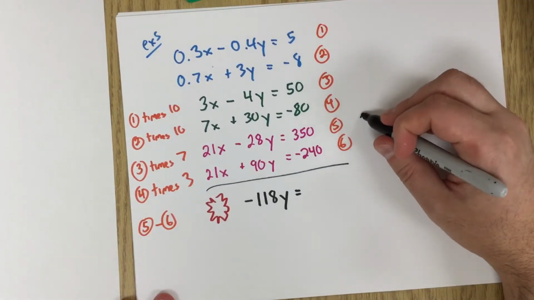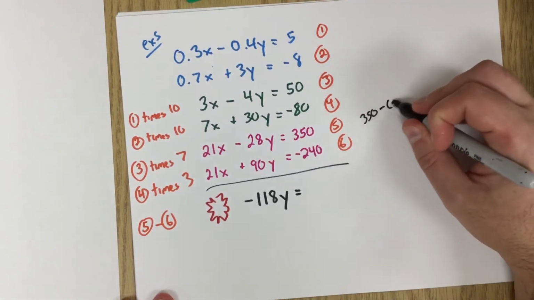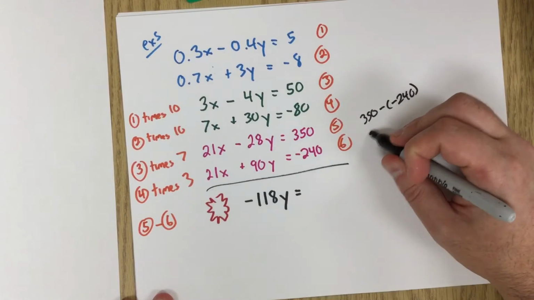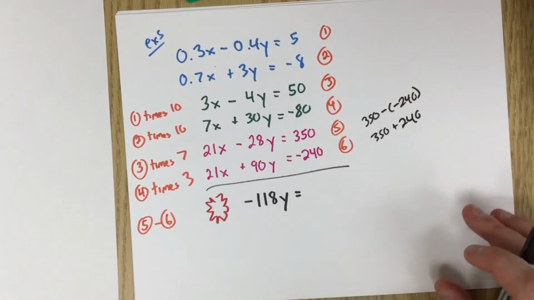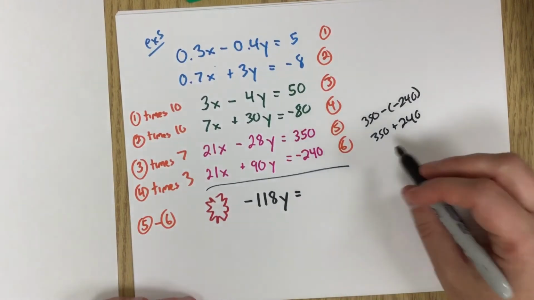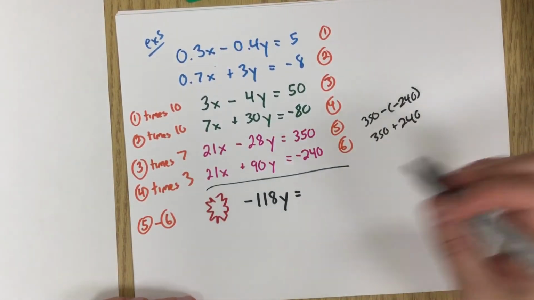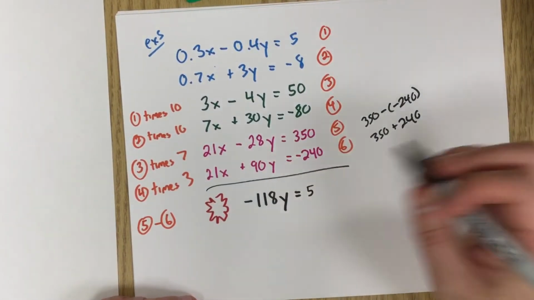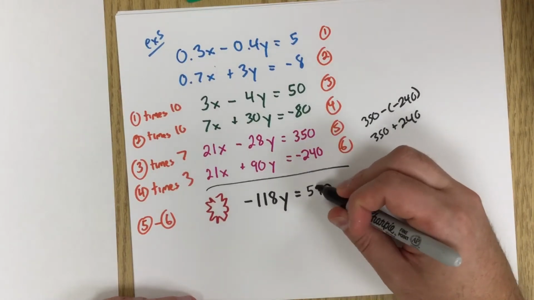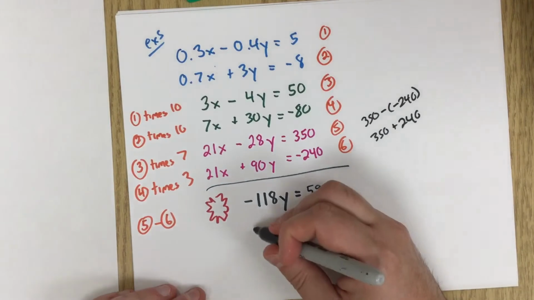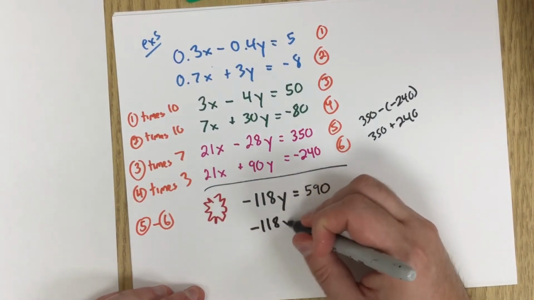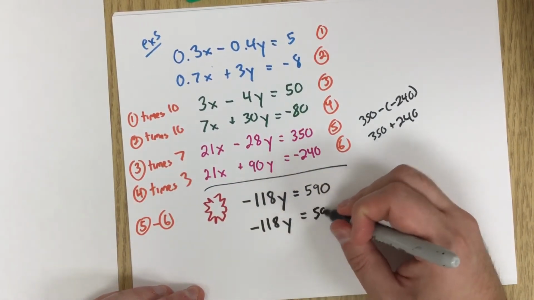It's actually going to be 350 minus minus 240, which is the same as 350 plus 240. Or you can punch it into your calculator appropriately. And you would get, in this case, 590. And there we go. We have minus 118y equals 590.